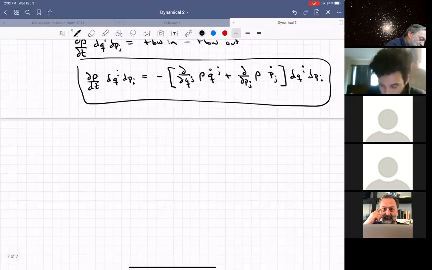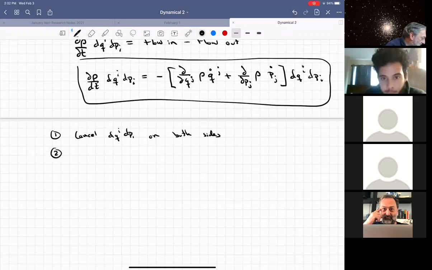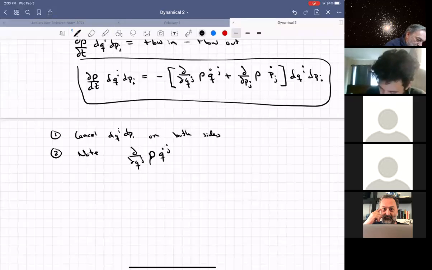We're now going to do several steps. We're going to cancel the dqi dpi on both sides. All right, so we see that we have that on both sides. We're going to note that things like d by dqj of rho q dot j has an implicit sum in it.